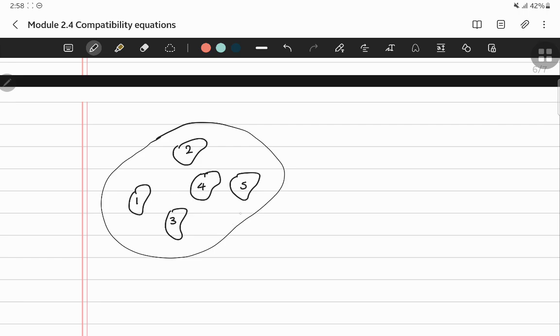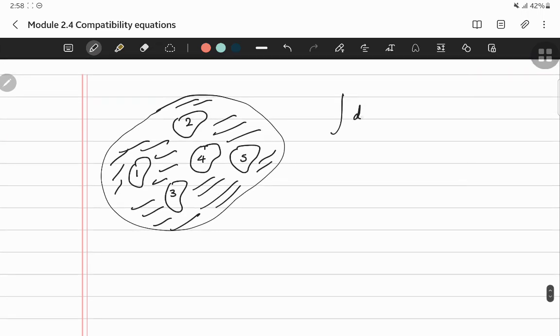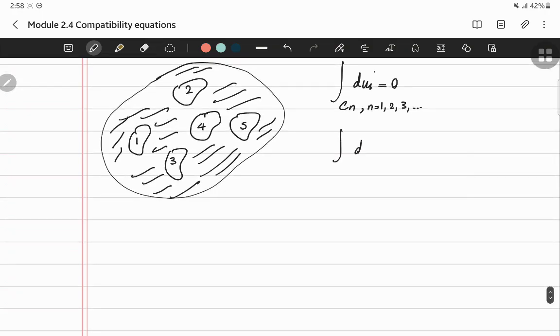These are holes, and this is your domain. So for this, the integral of dui should be 0 on each curve Cn, where n is 1, 2, 3. Also, dwi should be 0 on Cn, where n is 1, 2, 3, and whatever.